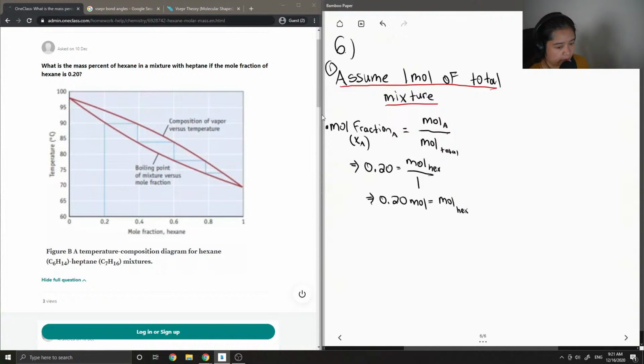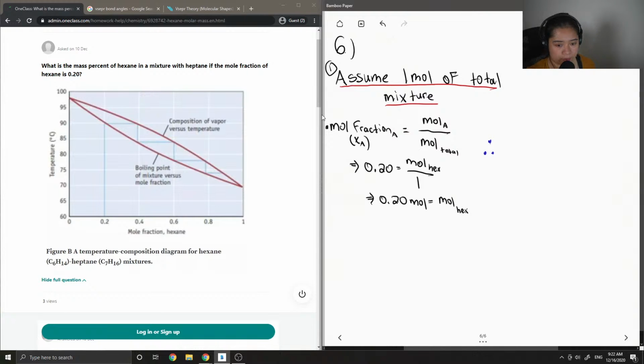I just showed that if we assume 1 mole of the total mixture, then there is 0.2 moles of hexane in the total mixture. And like I mentioned earlier, because we know the mole fraction of hexane is 0.2, we can calculate the moles of heptane.